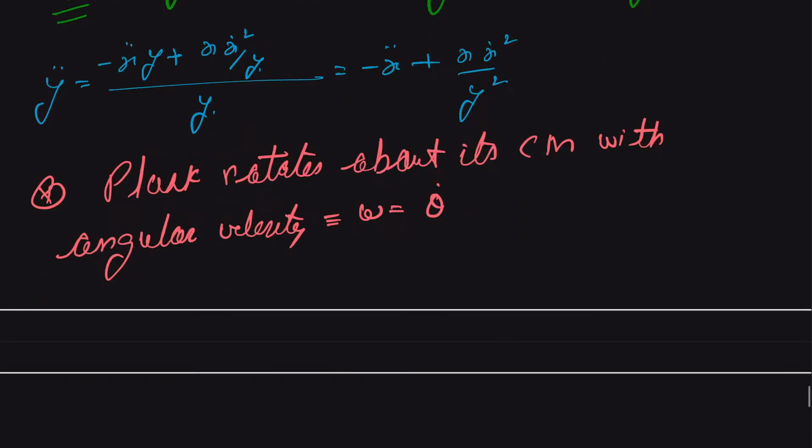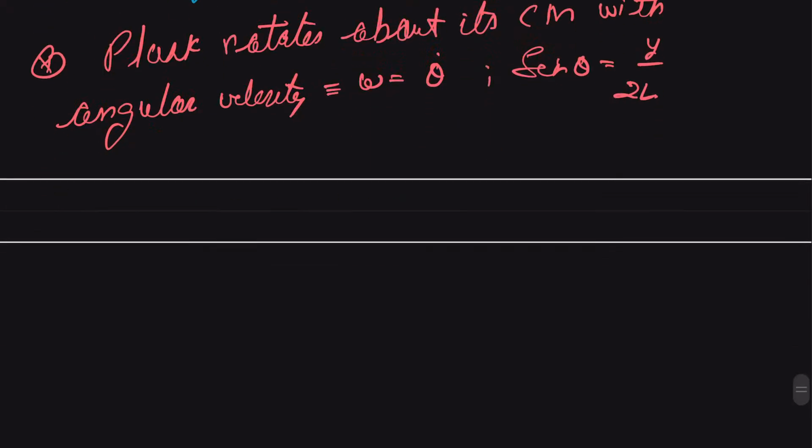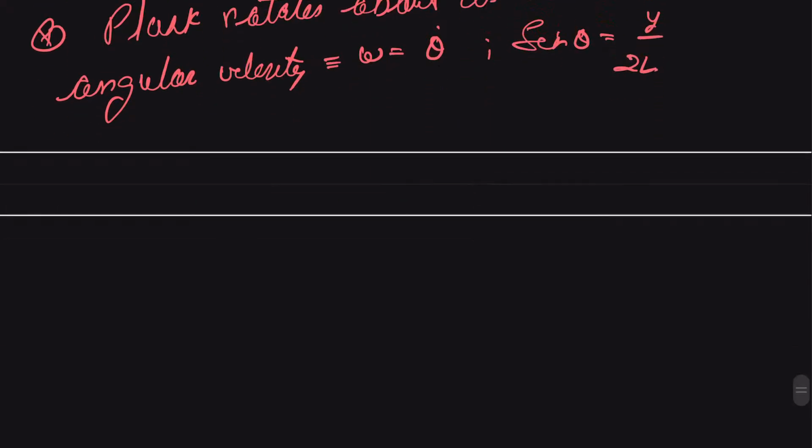We already have the trigonometric formula that sine of theta is equal to y upon 2L. Taking its differentiation, we get cos of theta times theta dot equal to 1 upon 2L times y dot.